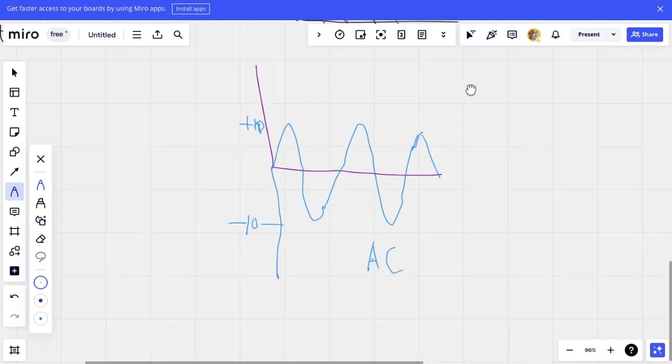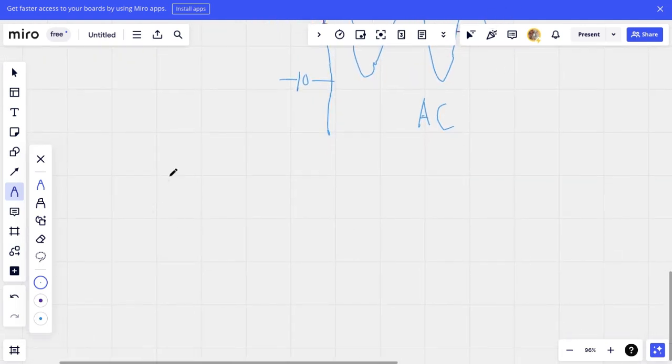Let's start with the simple one, the cell. I will write circuit components and the symbols used in circuits.